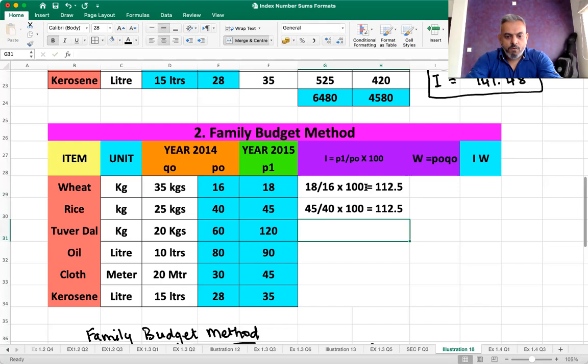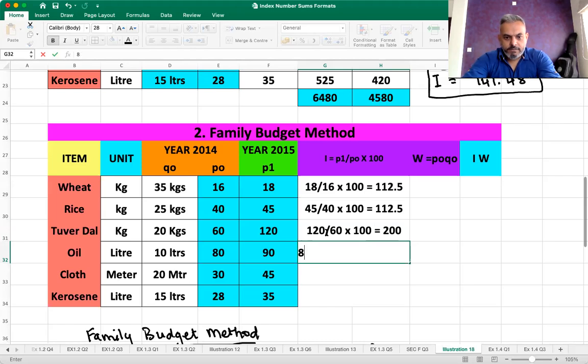Then 120 divided by 60 into 100 is equal to 200. Then 90 divided by 80 into 100, you have to do all these calculations, 112.5.